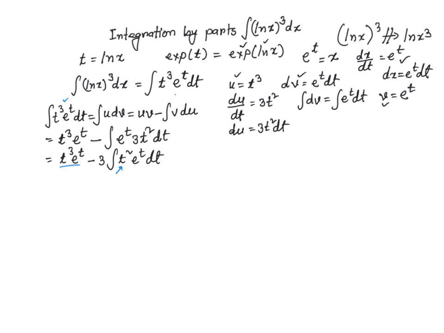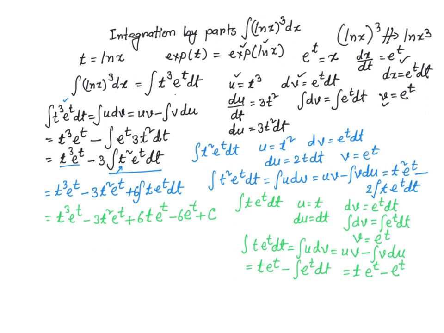Now all I have to do is use integration by parts again and simplify it. I have to apply it a couple of times before it comes down to something simpler. So let me write it out here, and this is what I get.